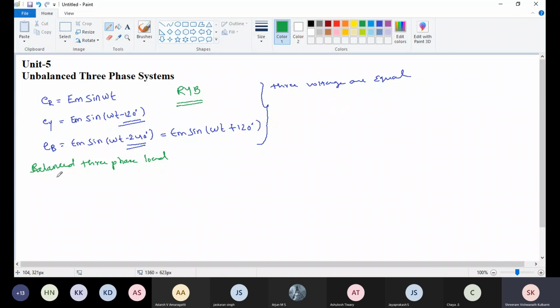Now I can connect this balanced three-phase load in two ways. What are those two? Star and delta. Yes.